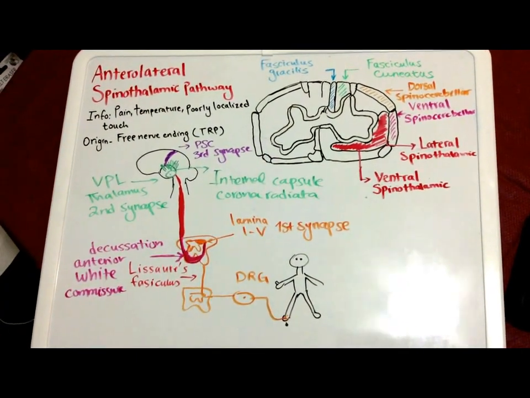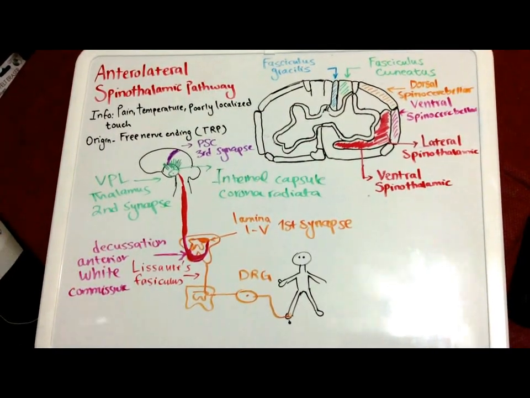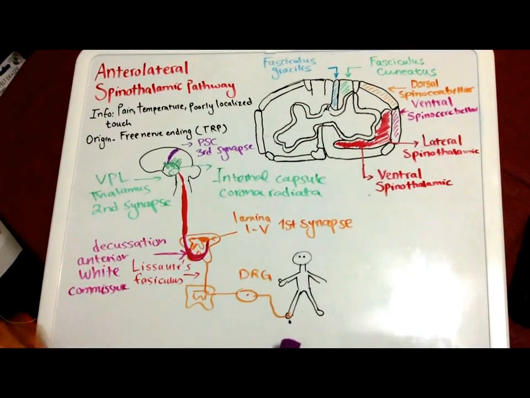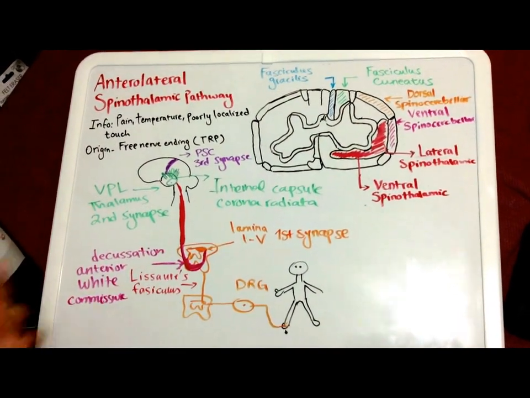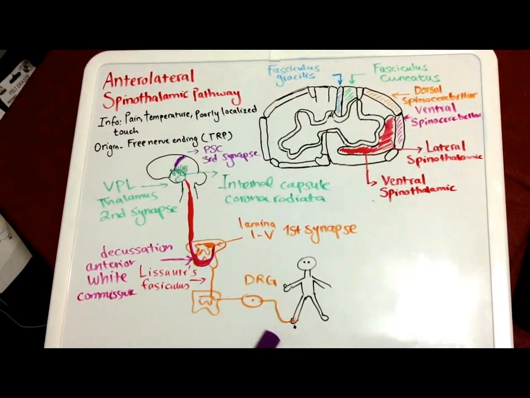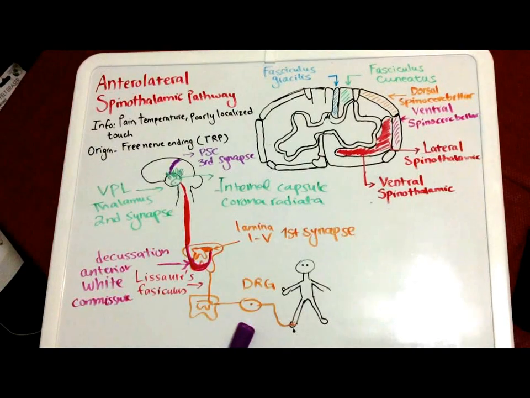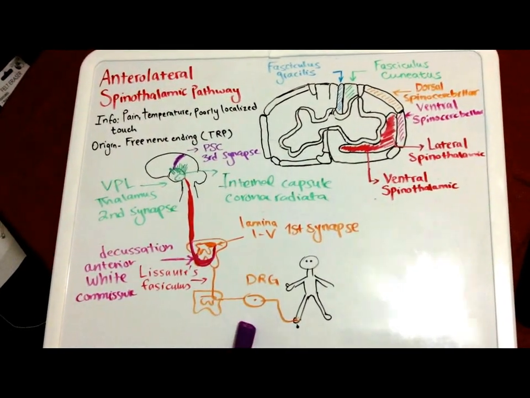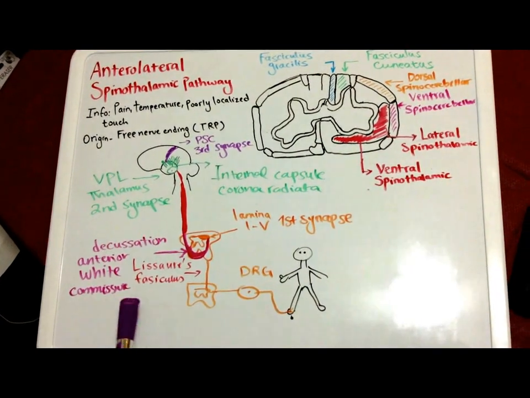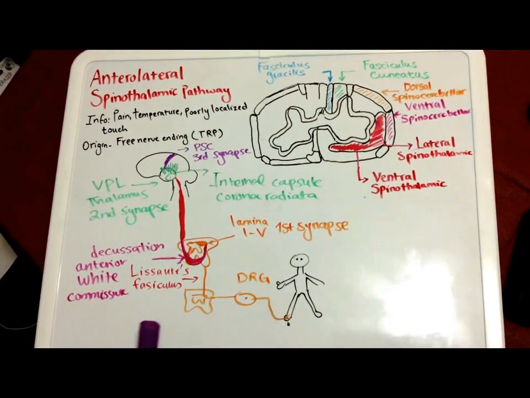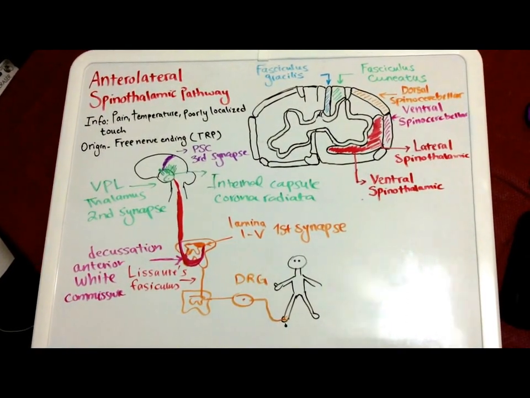So one more time, the information that goes through this tract is pain, temperature, and poorly localized touch. Let's say that this guy puts his foot in something hot. Those receptors are going to be activated. They're going to take the information to the cell bodies located in the dorsal root ganglion. The axon of the pseudo-unipolar neuron is going to enter the spinal cord and go up via Lissauer's fasciculus, and once it goes one or a few segments up, it's going to synapse at laminae 1 through 5.